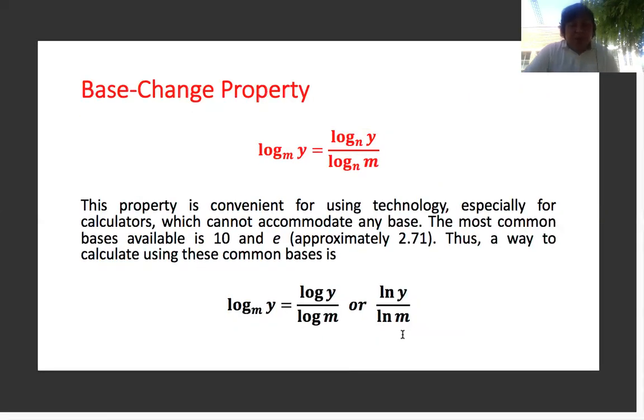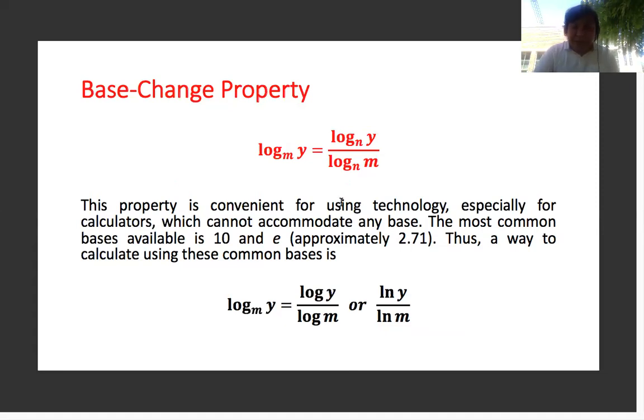Okay, so this one is the base change property. Now, this is also part of the properties of logarithm, but I left it out because the base change property is most useful for calculations, not so much for simplifying logarithms, but more for calculating specific logarithms, right?